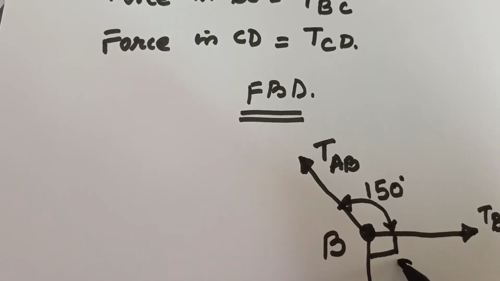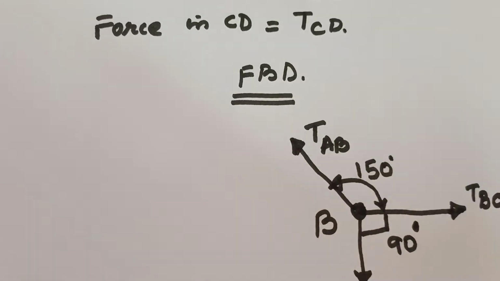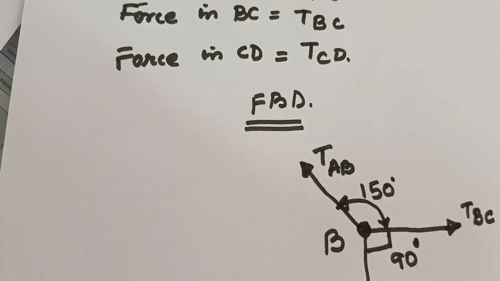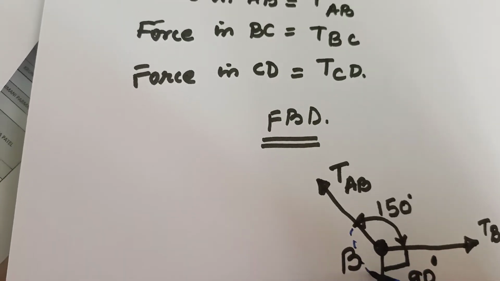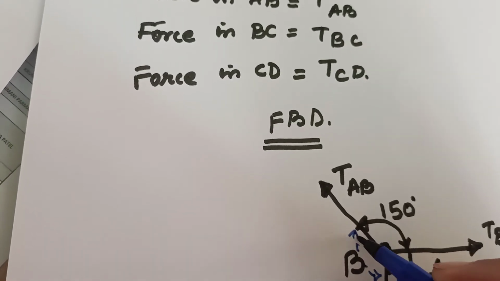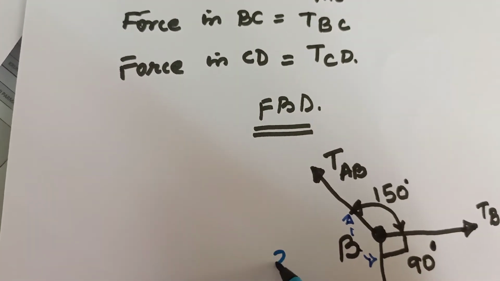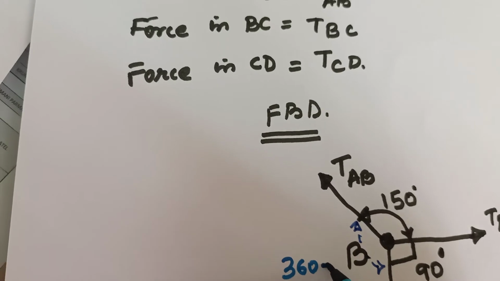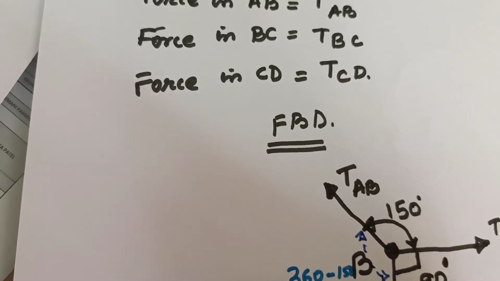As it is in equilibrium, BC is horizontal and the weight is acting vertically downward. Obviously this angle will be 90 degrees. Now how can I obtain the remaining angle? This angle can be obtained as 360 minus 150 minus 90.